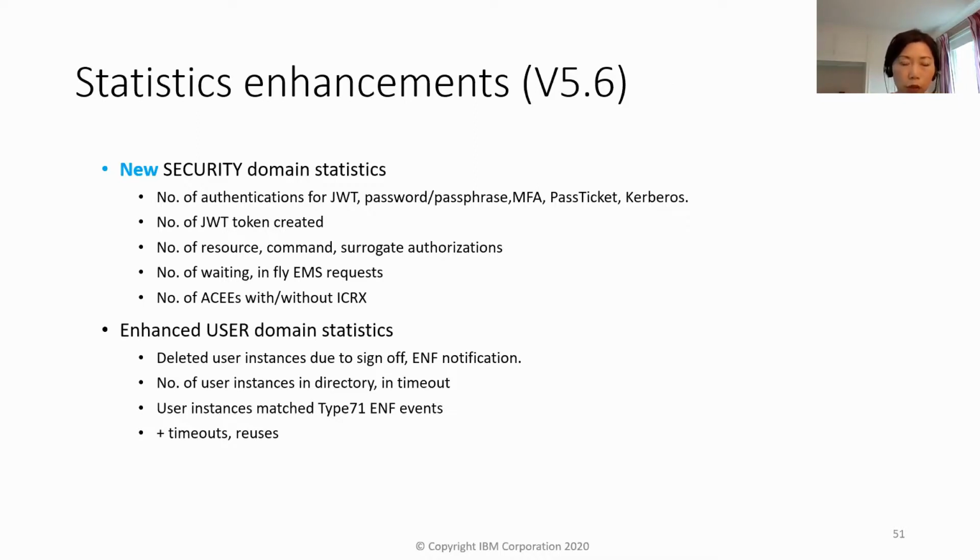Along with that, we also improved the statistics around those areas. We provided new security domain statistics. With that, you can see how many authentications happened for different security tokens, what the resource is, how many commands and surrogate authorizations happened in the region, how many were waiting or ongoing in requests into RACF, for example, and how many ACEs created an ICRX or don't need an ICRX.